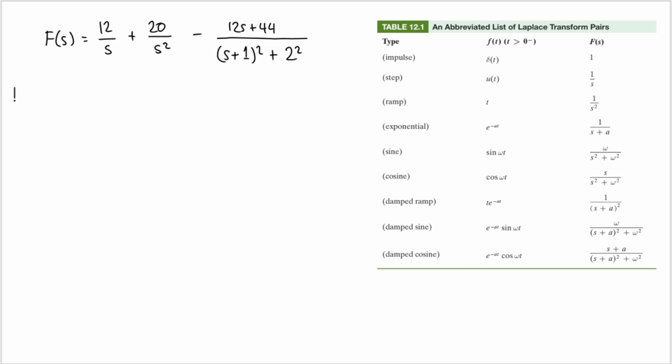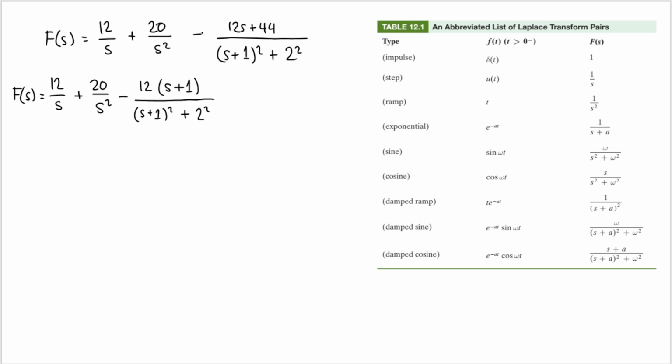So we will have fs is equal to 12 over s plus 20 over s squared, and then minus, maybe take out the 12 here. So I have 12 multiplied by s plus 1, and then divided by that denominator. So I have s plus 1 squared plus 2 squared. Okay, but now we only have minus 12.